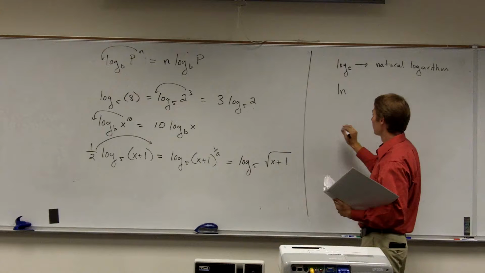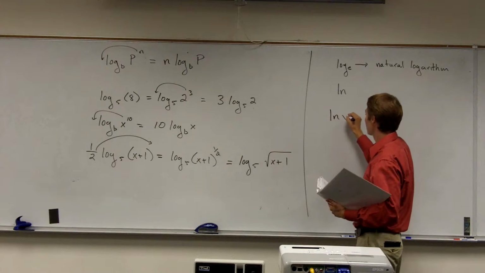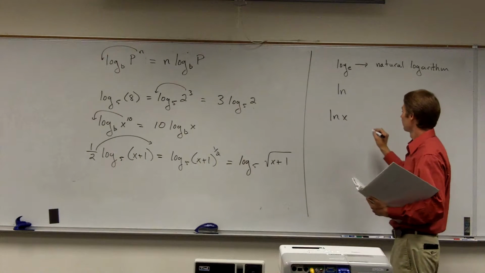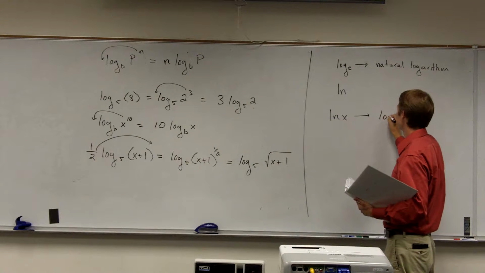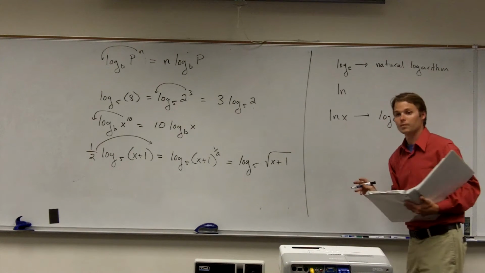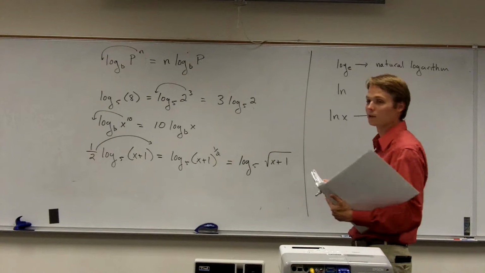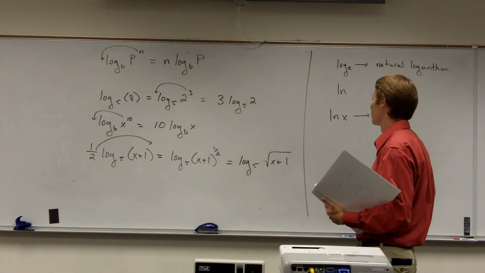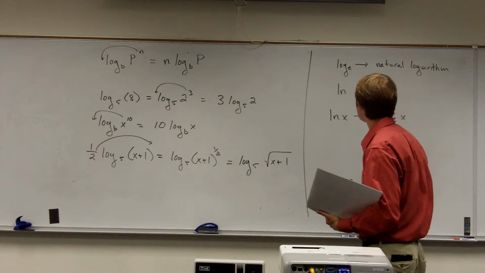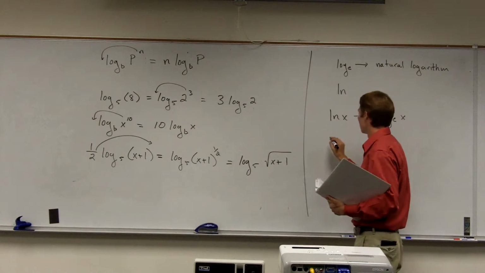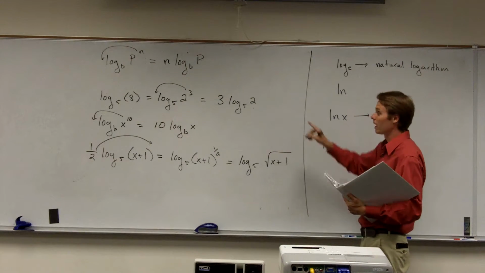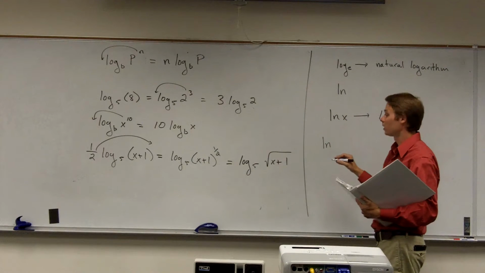So if you ever see, for example, the natural log of x, this is the same thing as log base e of x. It just turns out that we use natural logarithms a lot, so we have a shorthand for it, since it comes up so often. But all the same rules apply. All of these rules still apply to the natural log.